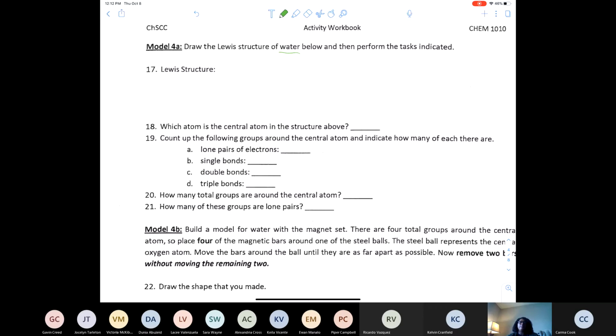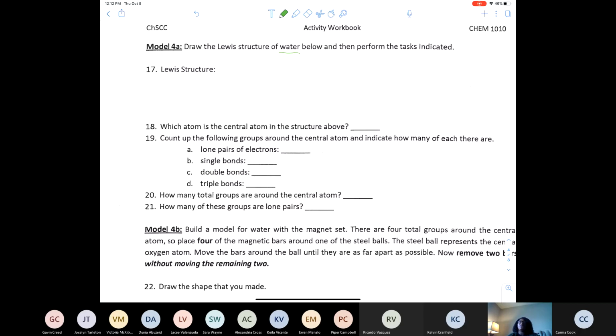So we completed models 2 and 3 together in about 30 minutes. So I would assume it's going to take you about 40 minutes or so to complete models 4, 5, and 6. So let's return to the general room between 12:50 and 1 o'clock.